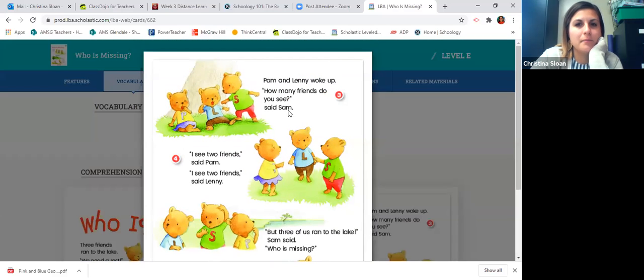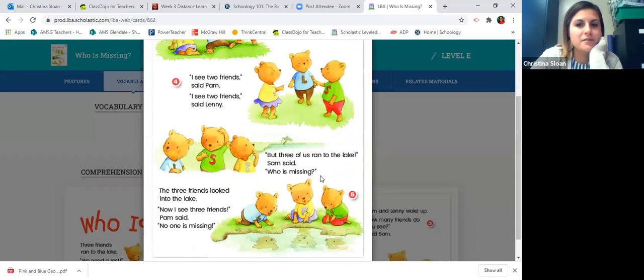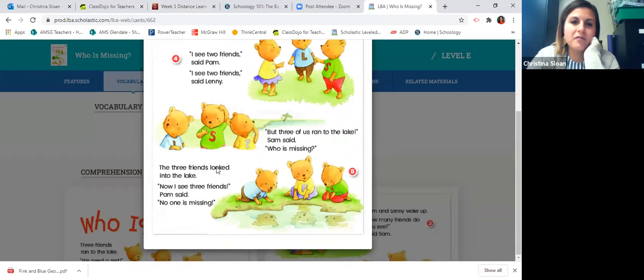Pam and Lenny woke up. "How many friends do you see?" said Sam. "I see 2 friends," said Pam. "I see 2 friends," said Lenny. "But 3 of us ran to the lake," Sam said. "Who is missing?" The 3 friends looked into the lake. "Now I see 3 friends," Pam said. "No one is missing."